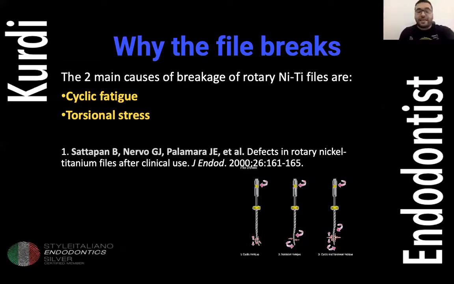Maybe the file is used for the first time and it can be broken due to torsional stresses, because simply, torsional stress is when the tip of the file is engaged inside the canal and the remaining shank, the remaining part of the file, is still rotating. And this is simply torsional stress. The exact mode of file separation, maybe we cannot know, it's unknown, maybe due to cyclic, maybe due to torsional, maybe both of them together.